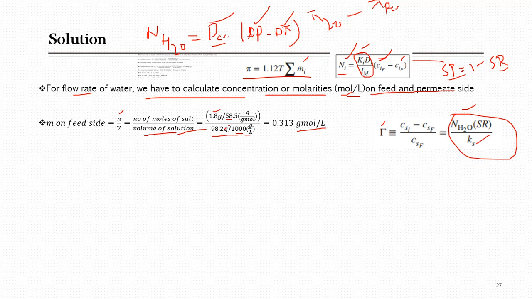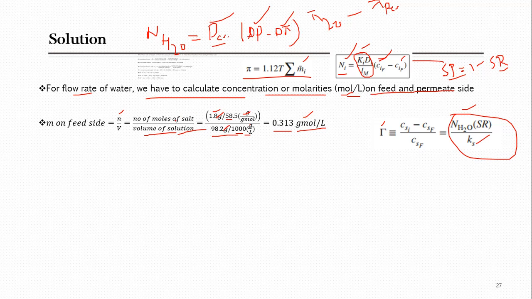So overall this gram will cancel with this gram, and on the numerator side this gram will cancel with this gram, and finally the units which are left are mole per liter and its value is 0.313. So you can check this calculation. Then finally, when you have calculated this molarity on the feed side, that can now be used for calculation of this pi.